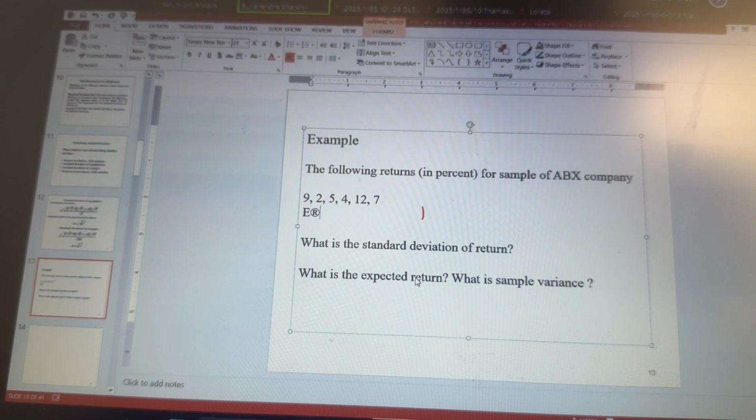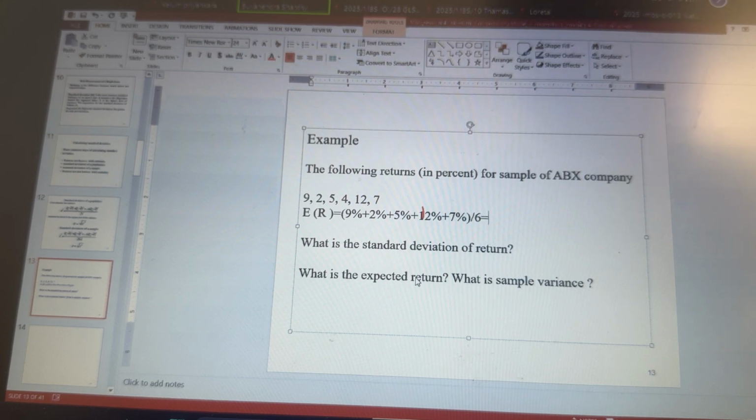We need to add all these sample returns: 9 percent plus 2 percent plus 5 percent plus 4 percent plus 12 percent plus the last 7 percent. Then we divide by how many samples are given: 1, 2, 3, 4, 5, 6 samples. So what is the average or expected return?